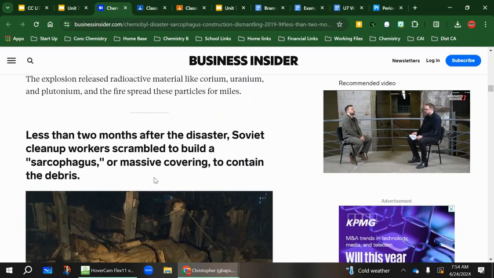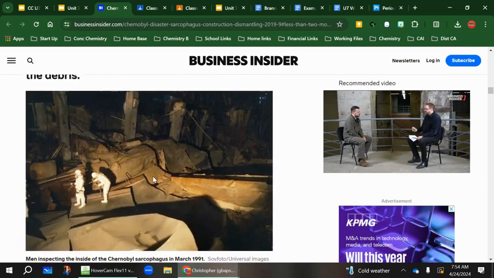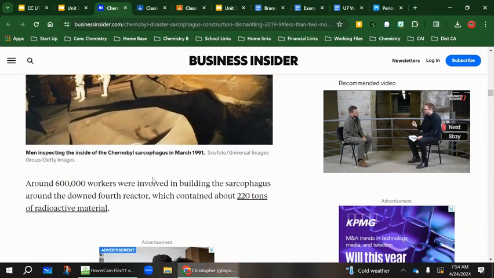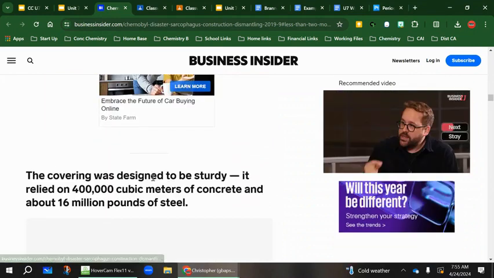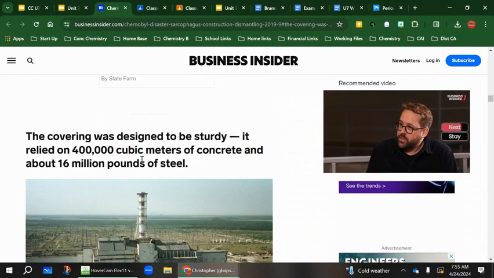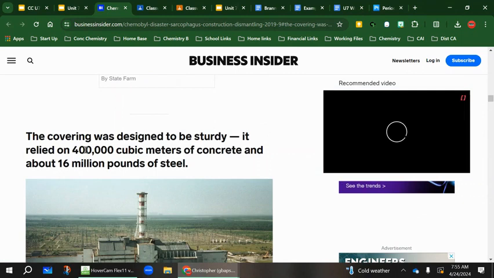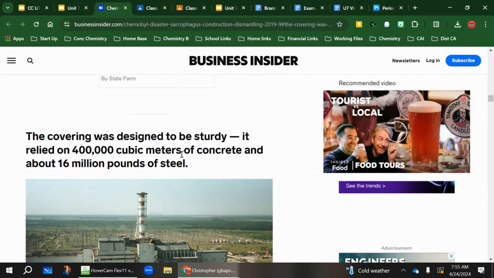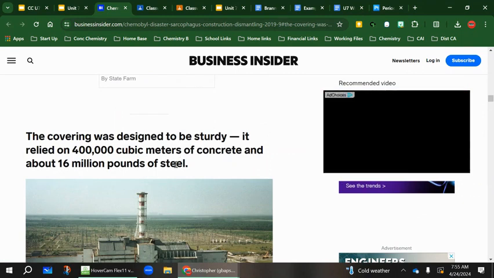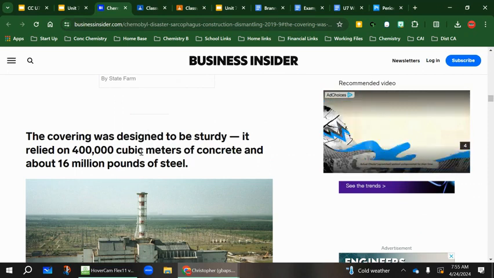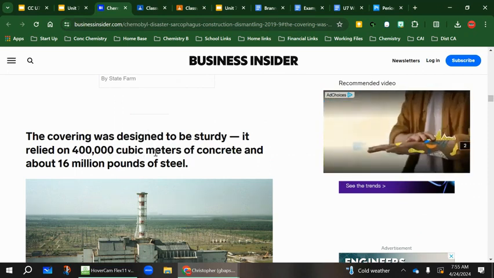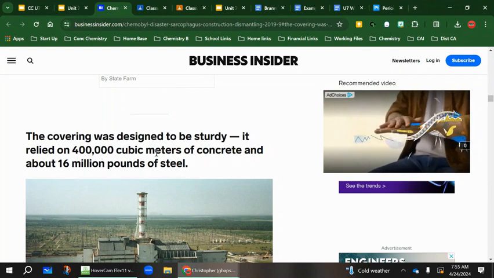So, again, they were trying to clean things up but couldn't get to some of it because it was highly radioactive. They put in 400,000 cubic meters of concrete. Now look at the floor below you.